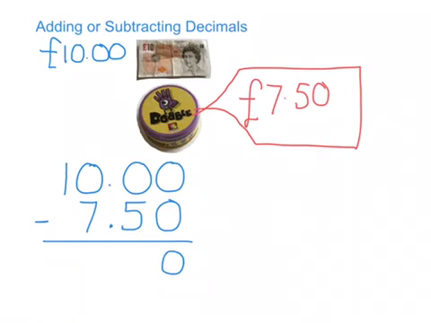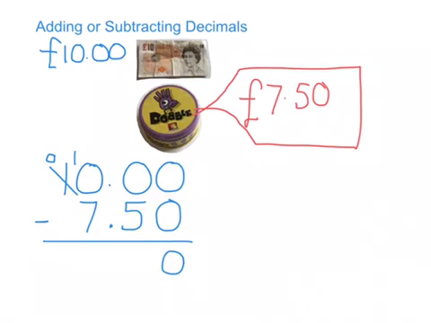So this is the column I'm going to exchange. I'm going to take that 1 and leave nothing behind, and I could place that 1 here, so that now, instead of having 1 in the tens column, I've got 10 in the units column. So 10 units will help me now, because when I want to fix this column, I've got a 0 here at the moment. I'm still trying to do 0 take away 5, but I need to borrow now from this.